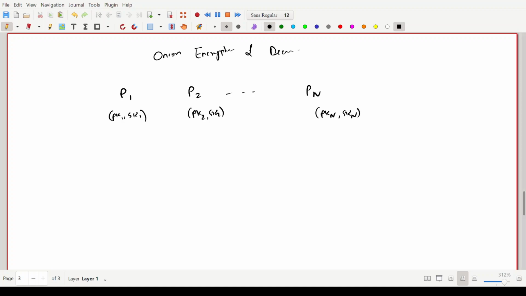Each of them has these keys, these are the parties. Okay, I'm having n parties. So what happens? Suppose a message M, which is say 0 or 1, which is a bit.